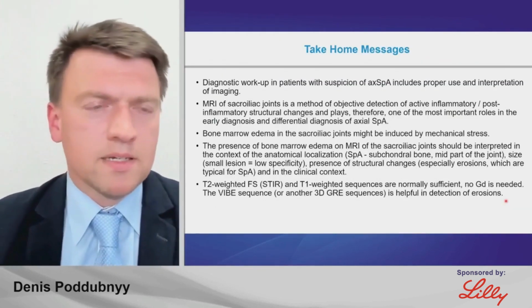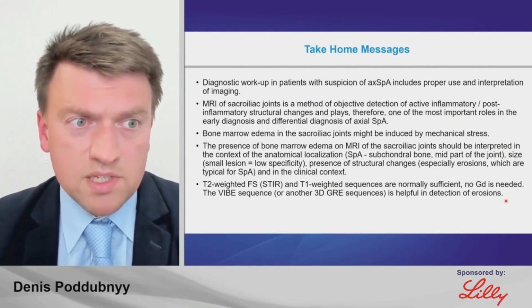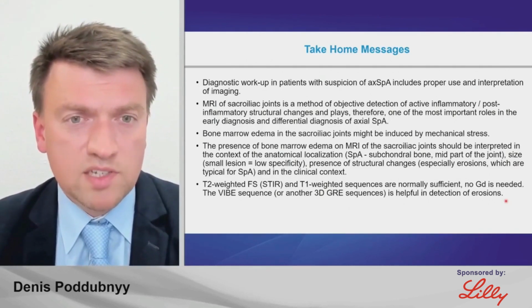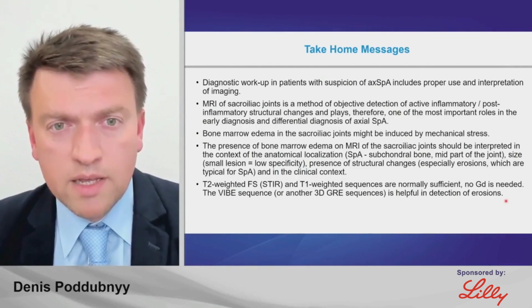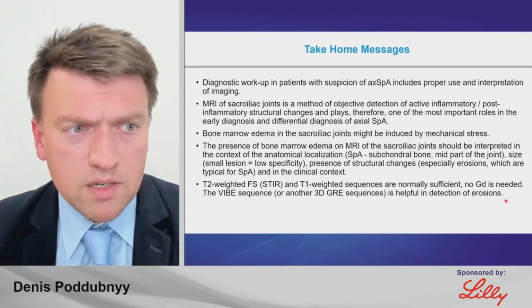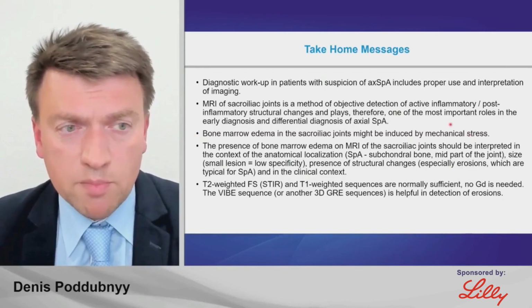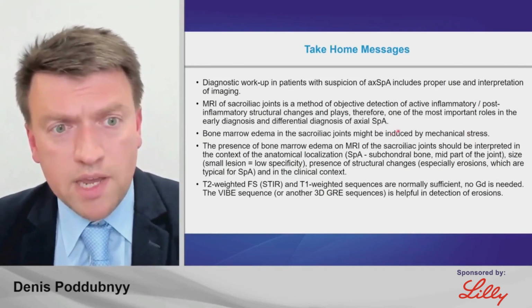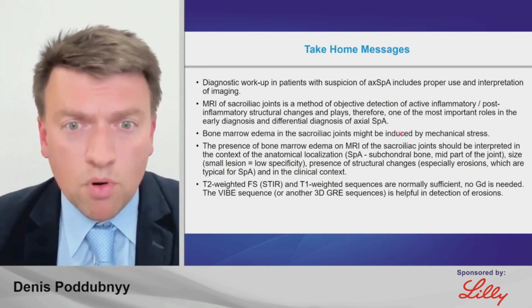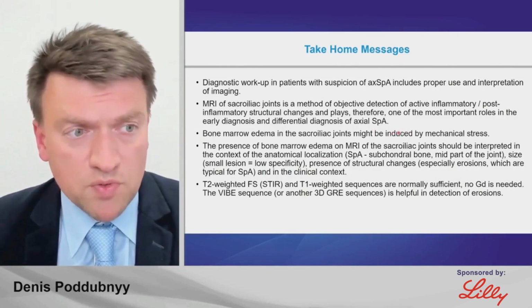I come to my take-home messages. The diagnostic workup in patients with suspicion of axial spondyloarthritis normally includes proper use and interpretation of imaging. MRI of sacroiliac joints is a method of objective detection of active inflammatory and post-inflammatory changes, and is therefore very important in the early diagnosis and differential diagnosis of axial SpA.